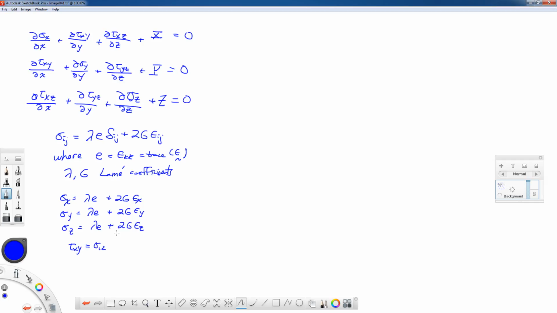Kronecker delta 1,2 is 0, so the first term disappears, and we're left with 2g times epsilon xy. And these shearing strains, epsilon xy and so forth, are tensorial shearing strains. Those are half of the engineering shearing strains that we would ordinarily think of. So we have these three shearing stresses now in terms of these shearing strains.